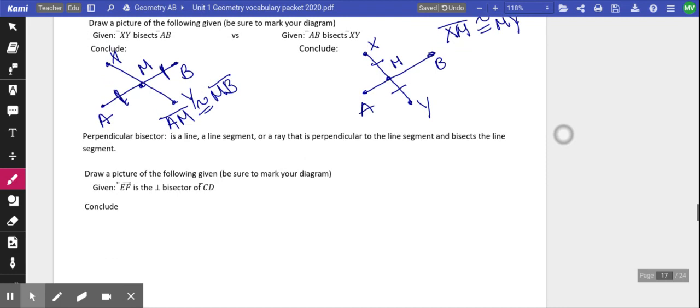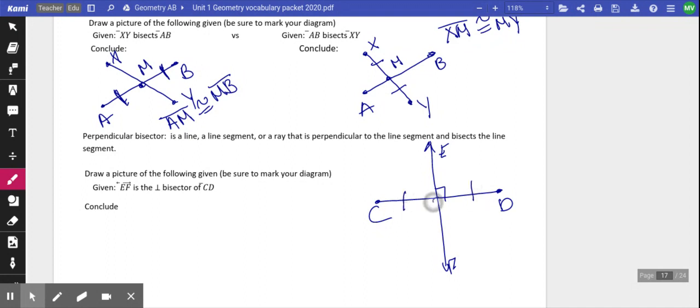Perpendicular bisector is a line segment or a ray that is perpendicular to the segment and bisects the segment. So draw a picture where EF is the perpendicular bisector of CD. I'm going to draw CD, and then I'm going to draw EF going through it. And EF is a line such that EF is perpendicular to CD and it bisects it.